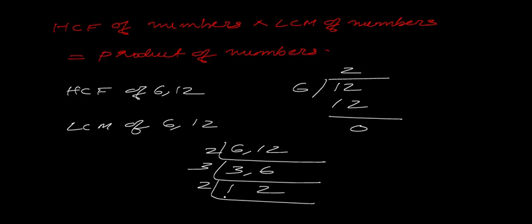Can use 2. It is 1 and 1. So here the LCM will be equal to 2 into 3 into 2, which is 12. So the LCM of these two numbers is 12 and the HCF of these two numbers is 6.